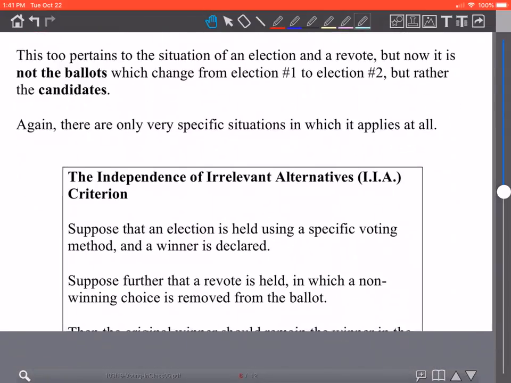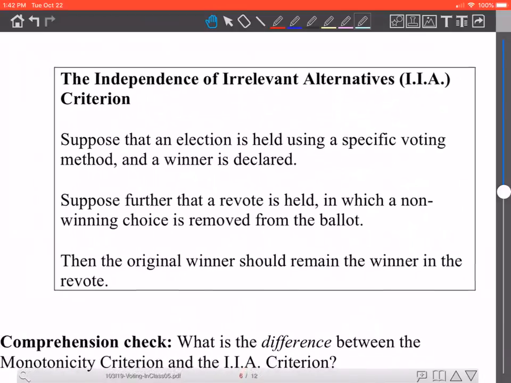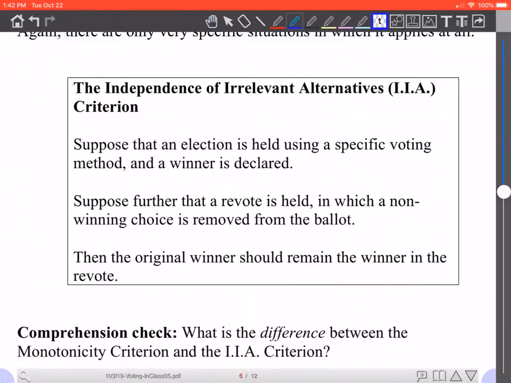So again, just the text of that fairness criterion. Suppose that an election is held using a specific voting method, and again, this can apply to any of our 4, and you pick a winner. So, I don't know, we could be using plurality, let's say. Then there's a revote in which a non-winning choice is removed from the ballot. So whoever won the original election cannot remove themselves from the ballot. If they do, then that's not an application of the IIA criterion, that's just something else happening, right?